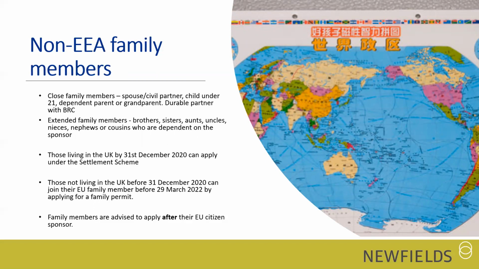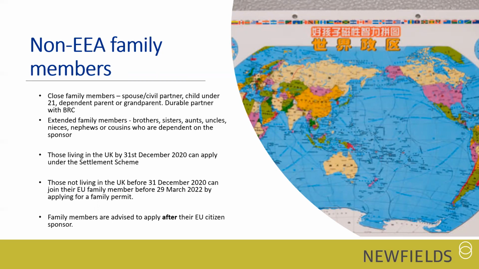For instance, if the couple have a child and have joint responsibility for that child, that can act as a sort of exception to the need to evidence 2 years' worth of residence, evidence of living in a relationship akin to a marriage. For extended family members, there is a requirement to be somehow dependent on their EU sponsor. So the EU sponsor is the EU family member.